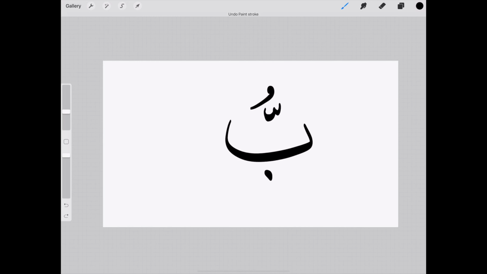How would it look like if we use the other formats for tanween dhamma? Like this, or like this. Ubbun, ubbun. How may it look like when you have a letter connected before the ba letter at the end of a word?